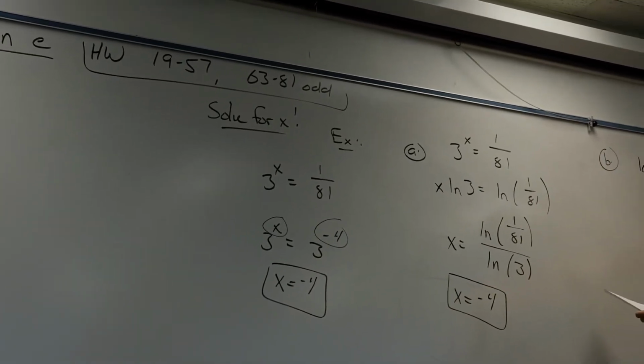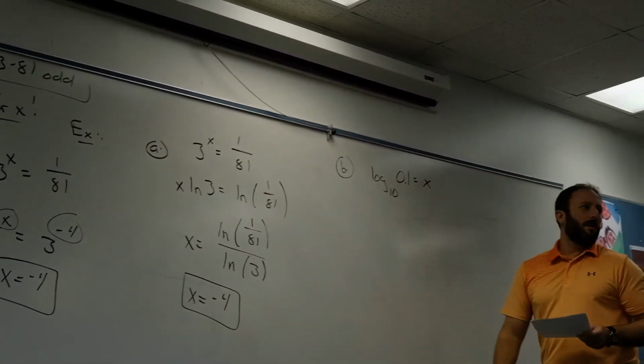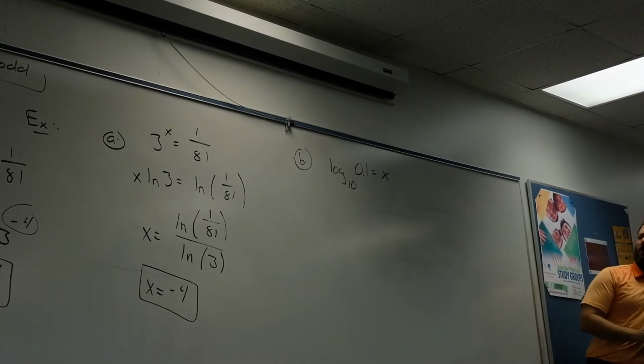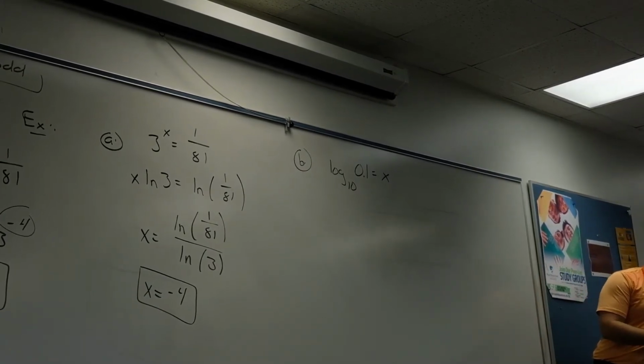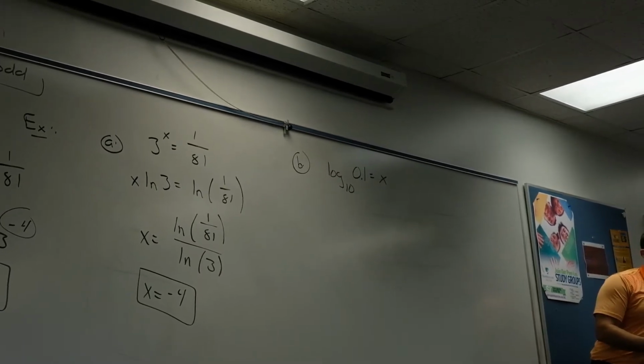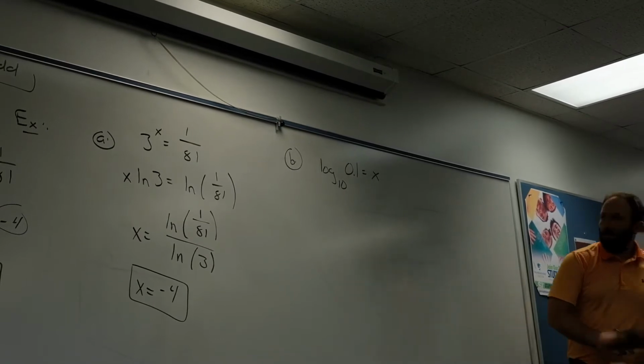Let's give this one a shot. Log base 10 of 0.1 equals x. So for one like this, we would need to rewrite this. How can I rewrite this in exponential form instead of logarithmic? Good.